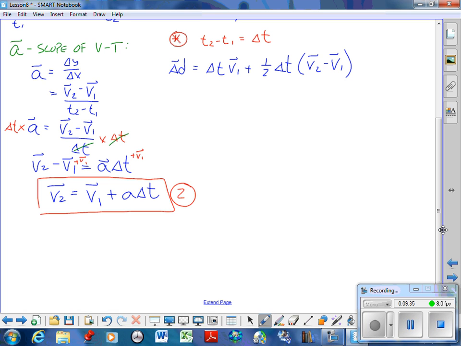Also, going back a step, I'm going to take this equation and use substitution into that one. I'm going to replace v2 minus v1 with a delta t.